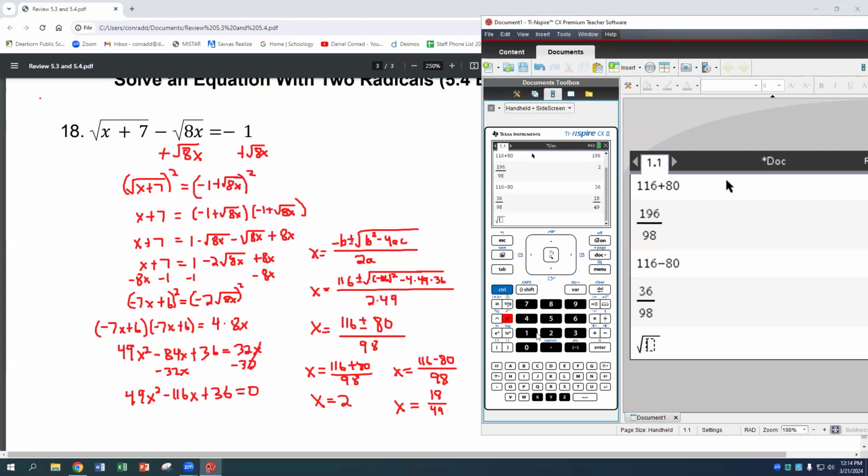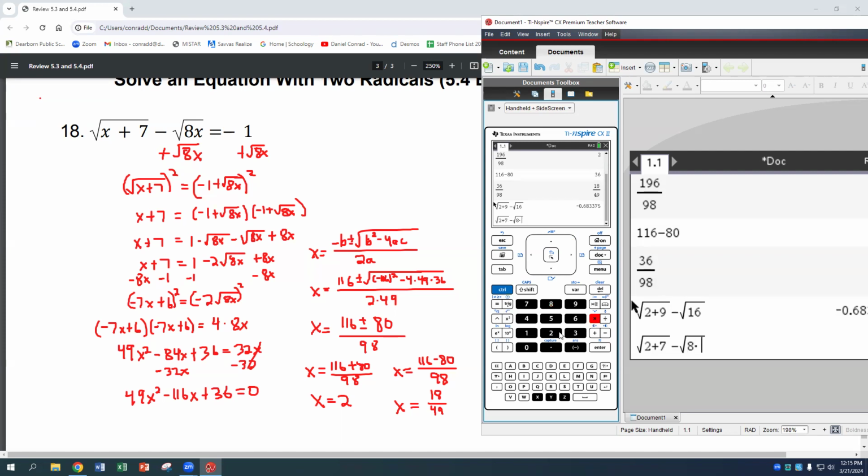So square root of 2 plus 7, that's going to be square root of 9, minus square root of 8 times 2, that's 16. That one should work, right? Whoops, let me just start over. 2 plus 7 minus square root of 8 times 2.